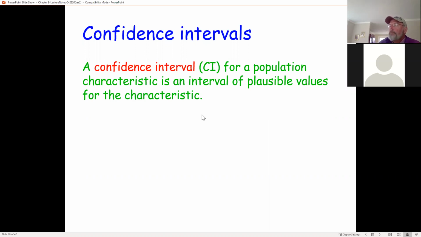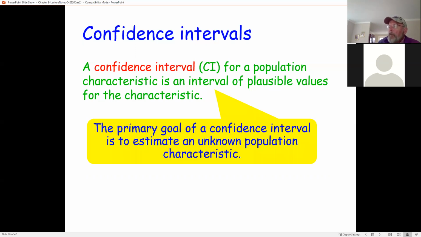All right. So understand that we're building this confidence interval for a population, okay? While we are using a statistic to do that, we really want to know what the population characteristic is. All right, so the primary goal is to estimate an unknown population characteristic.